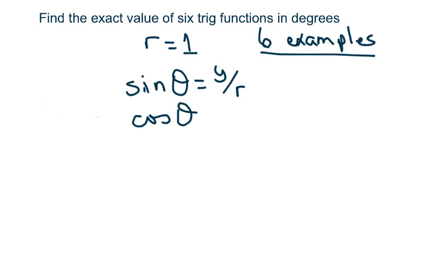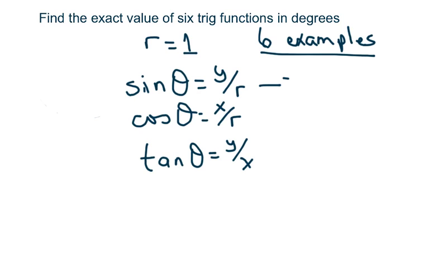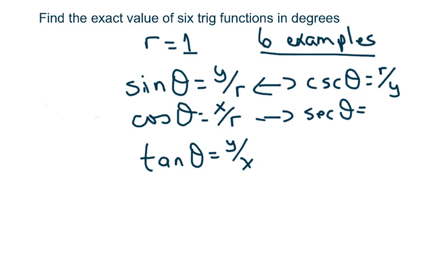Cosine of theta equals x over r. Tan of theta equals y over x. And then cosecant of theta equals r over y. Secant of theta equals r over x.